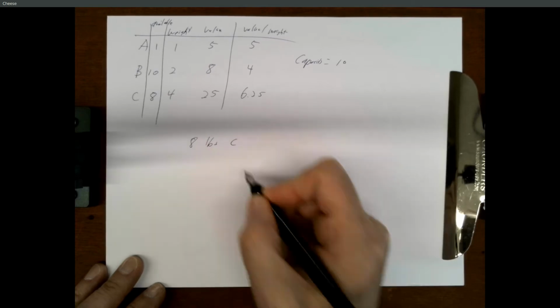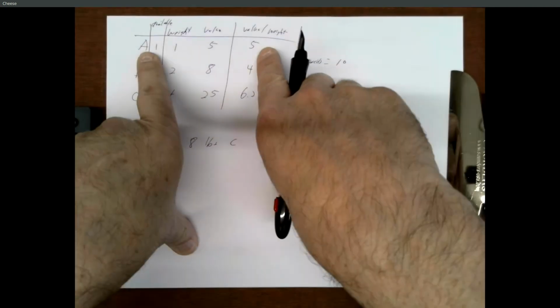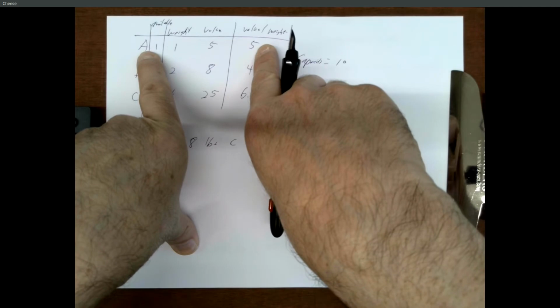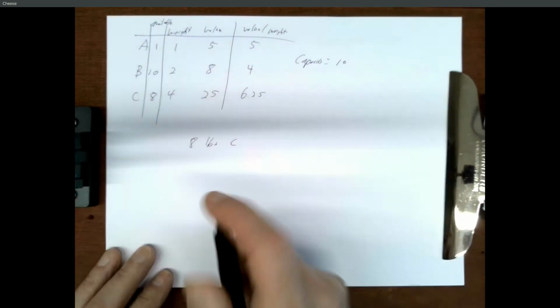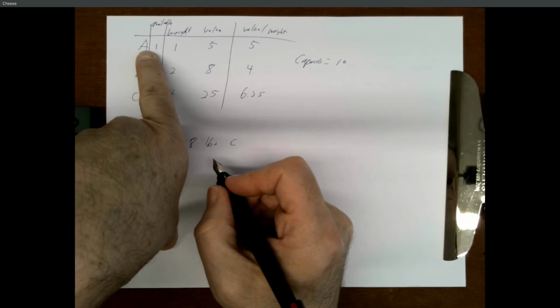So take 8 pounds of item C, and now we have 2 pounds of capacity left. Well, we could take 1 of item B or 2 of item A. Item A is worth a lot more per pound. It's worth $5 a pound instead of $4. So we'd like to take 2 pounds of item A, but there's only 1 available.